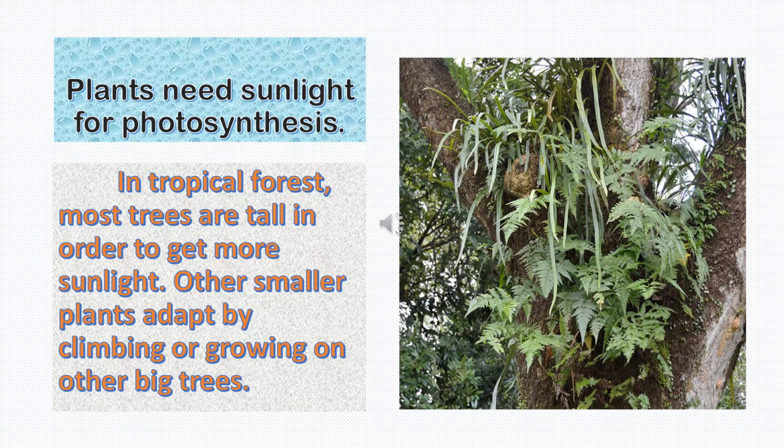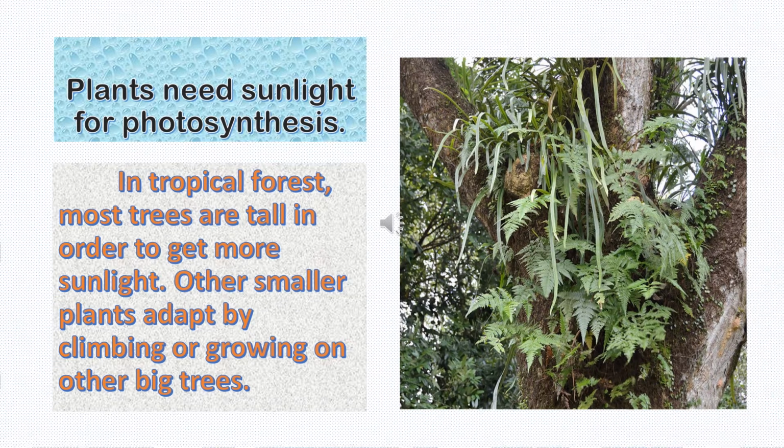Other smaller plants adapt by climbing or growing on other big trees. So it means to say that the plants needed sunlight in order for them to live. And at the same time, that sunlight is needed in the process of food making, or what we call photosynthesis.